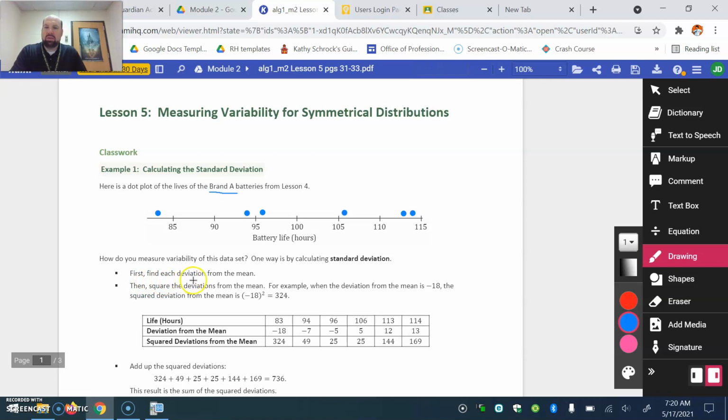First, find the deviation from the mean. Actually before that, you'd have to know what the mean is. And the mean for this, I believe, is 101. We found that in a previous lesson. So let me write that down. The mean is 101.